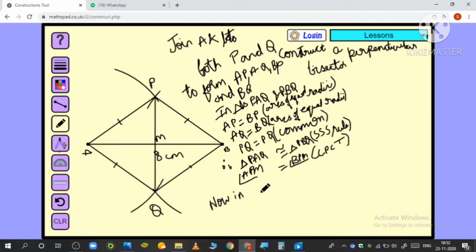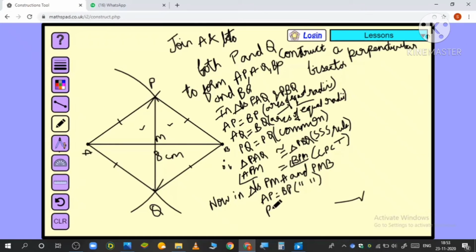Now, again in triangles PMA and PMB, the above two triangles which will be marked here, PMA right angle triangle and PMB right angle triangle, you can see that AP is equal to BP, as before, arcs of equal radii, and PM is equal to PM.